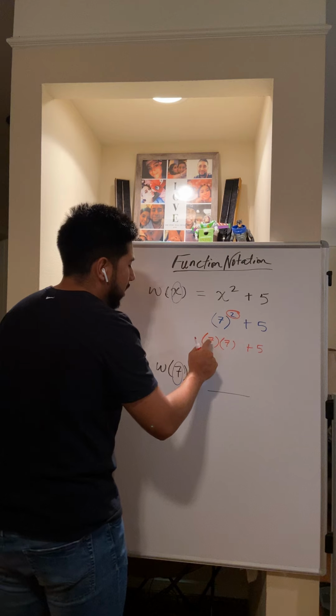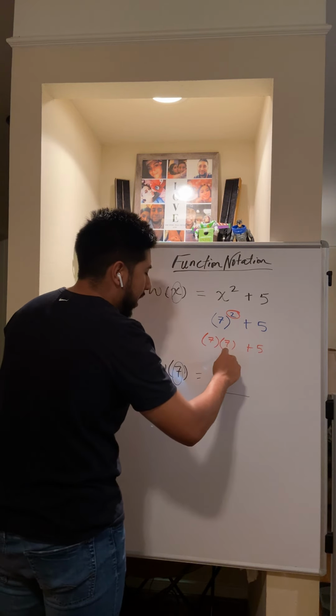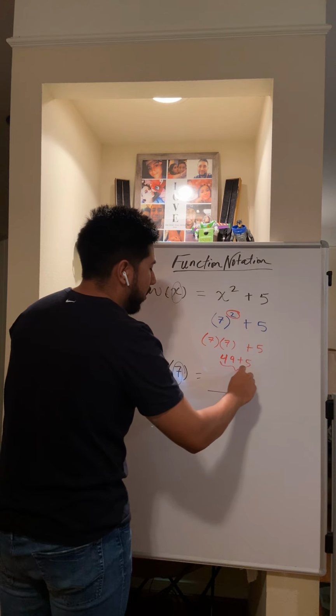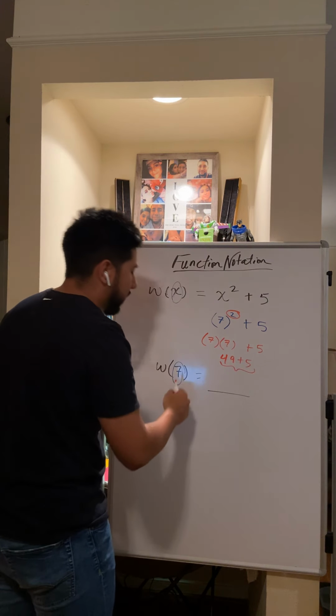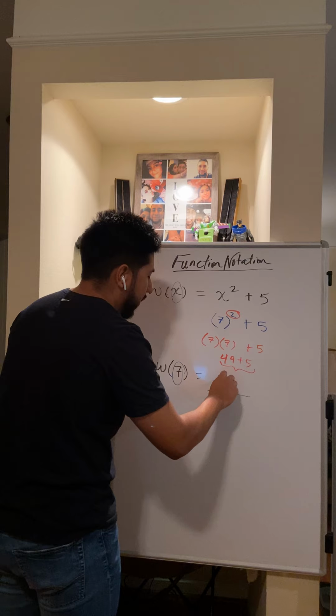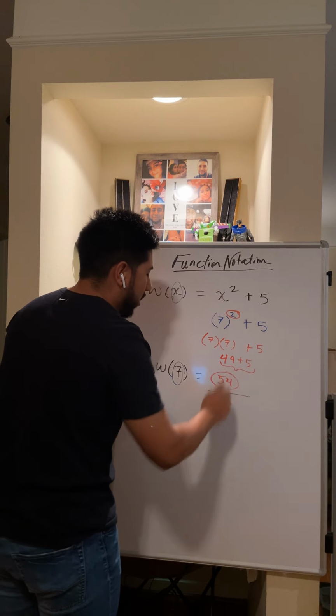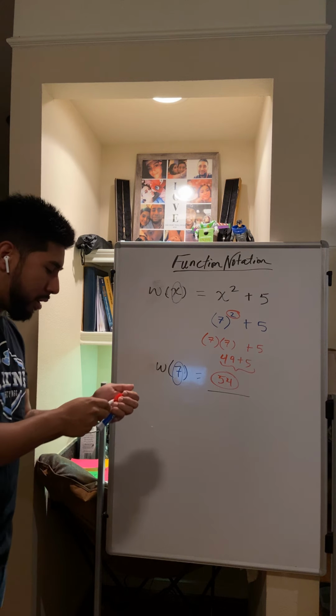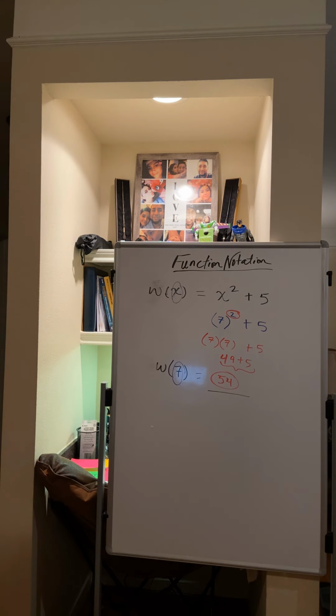Almost everybody. 7 times 7 is 49 plus 5. And then, of course, just add 49 plus 5, 54. And that's it.